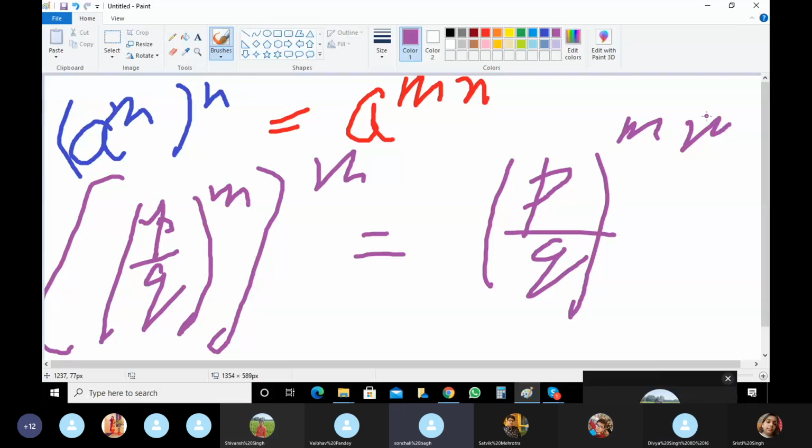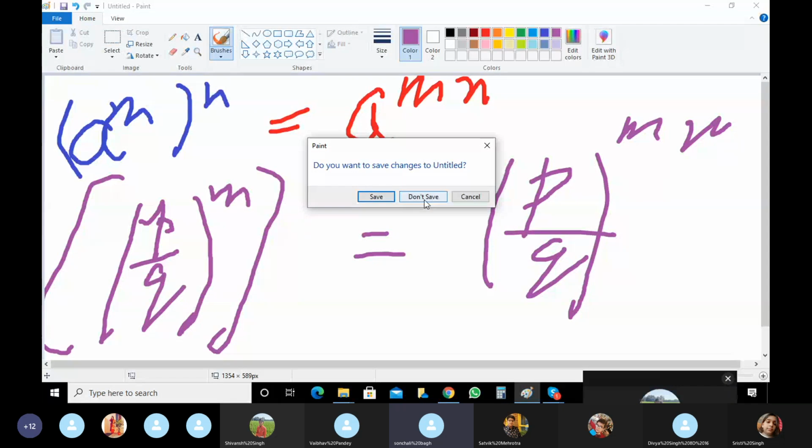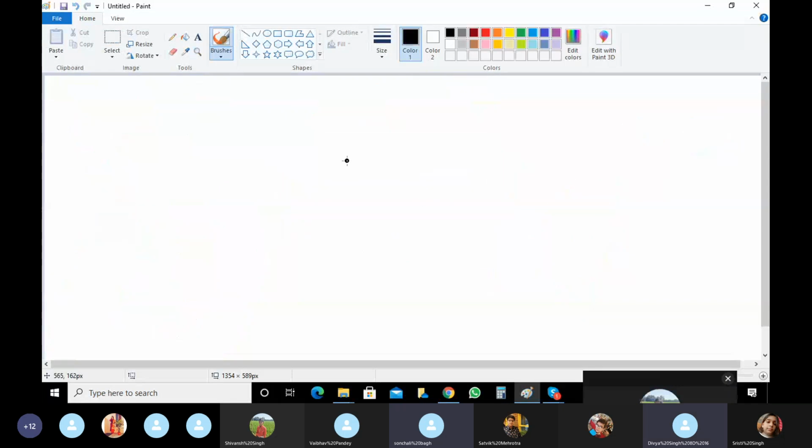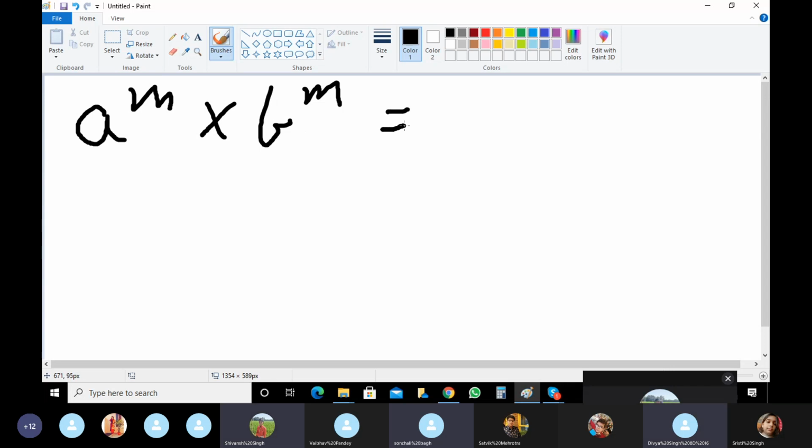Now, if the bases are different and powers are same. Till now the base was same, power was different. Now if bases are different and powers are same, if you have to multiply a to the power m with b to the power m, what will be the change? Ma'am, (a into b) to the power m. Yes, (ab) whole to the power m.